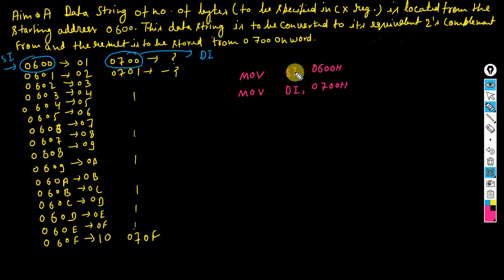What is the meaning of the first line? It loads the SI register with the starting address of the data string, 0600H. The next instruction initializes the destination register DI with the address 0700H. The next instruction is MOV CX, 0010H, which initializes the counter register with this value.